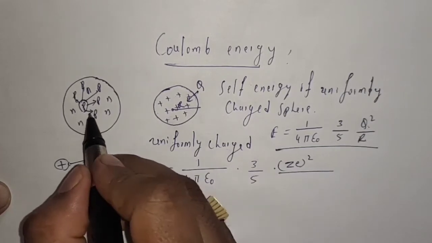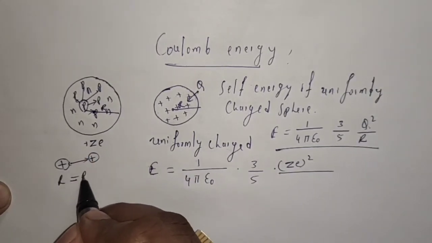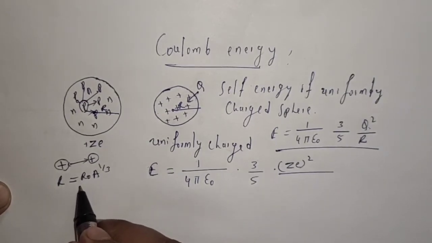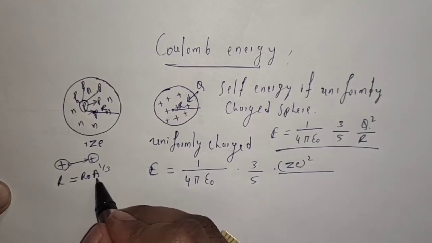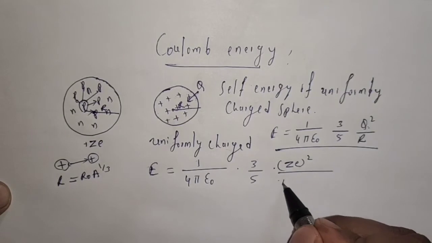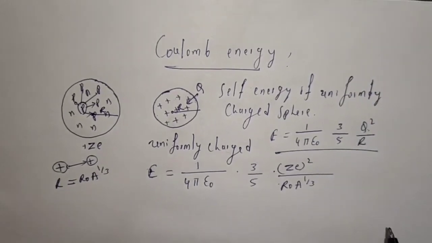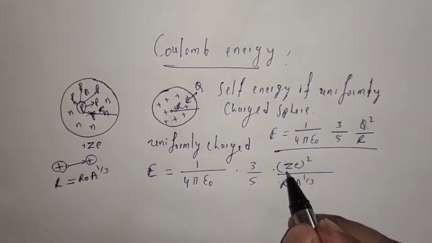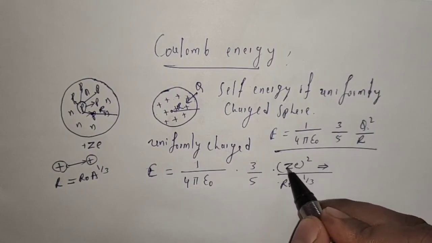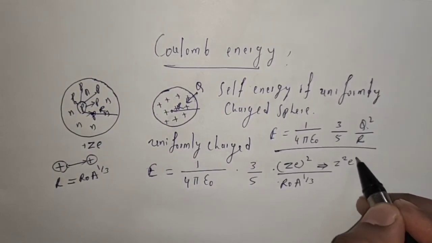We know that the radius of the nucleus is r equals r naught a to the power 1 by 3, where r naught is a constant and a is the mass number. If you substitute this value and simplify, we get an expression in z square and e square.